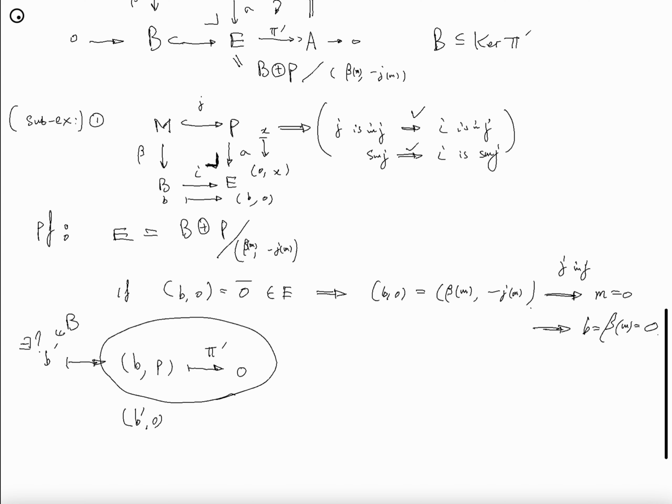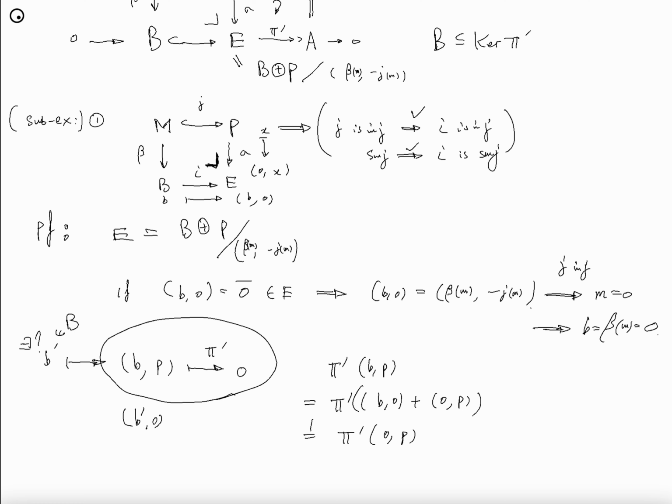But I don't know whether this is a trick or not. This is actually pi prime of (B,0) plus (0,P), right? But pi prime of (B,0) is always 0. This is just the same as (0,P).